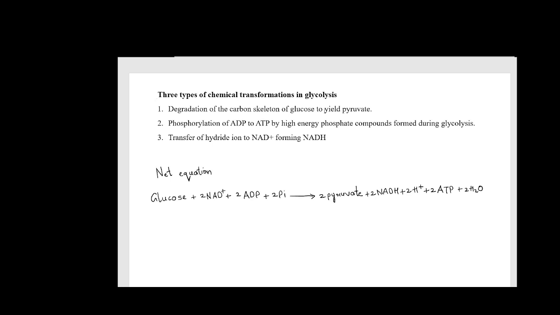One is degradation of glucose to yield pyruvate, one is phosphorylation of ADP to ATP, and one is the formation of NADH. So the net equation will be glucose plus 2 NAD plus 2 ADP plus 2 Pi gives 2 pyruvate plus 2 NADH plus 2 ATP. Okay, here pyruvate, NADH and ATP molecules are important.